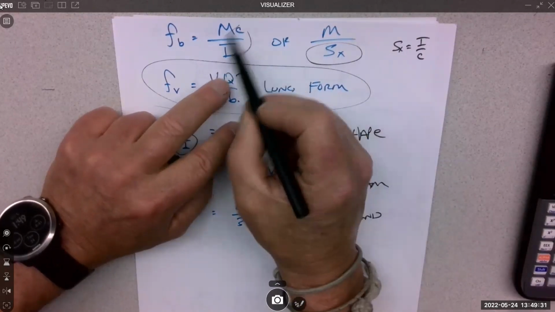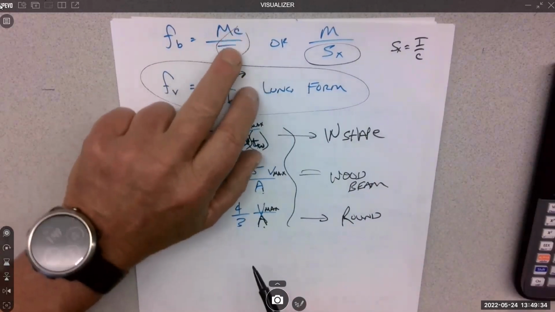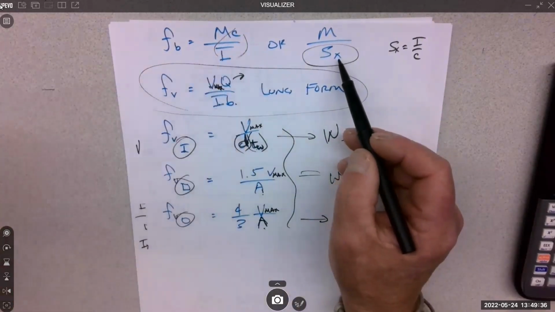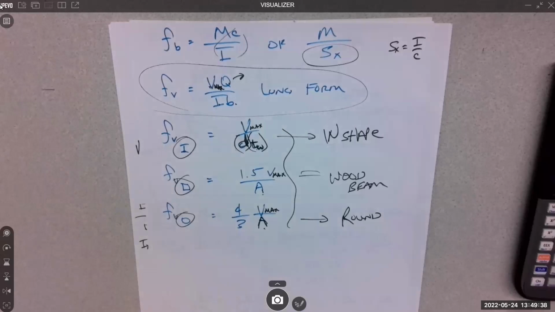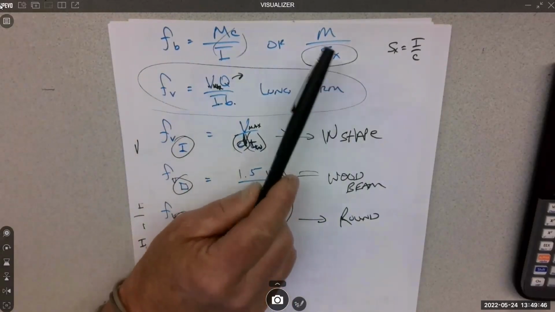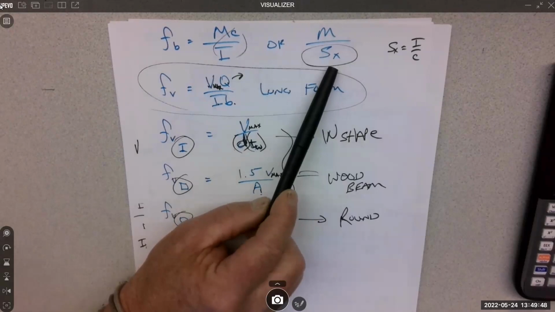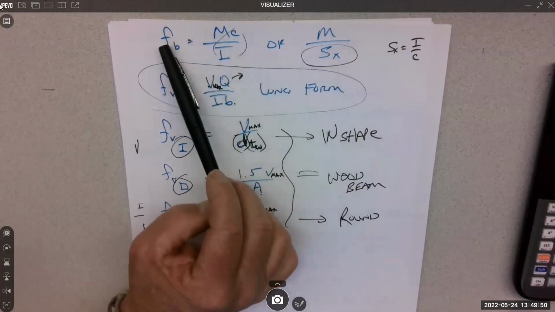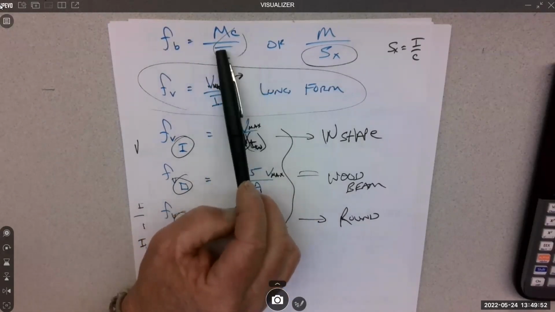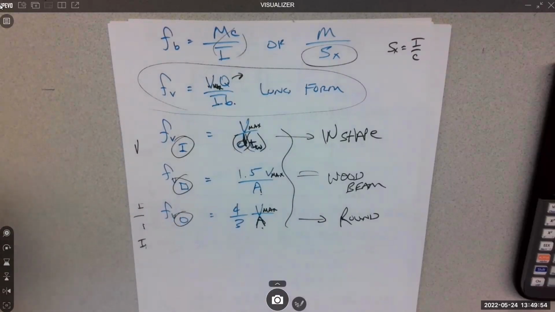It's essentially just taking two constants and turning it into another constant. I don't even know why we do that. But in the back of the book for structural shapes, there is an SX value. So you can just use the moment and the SX value to get bending stress. Or you can use MC over I, but they do talk about it and show it to you.